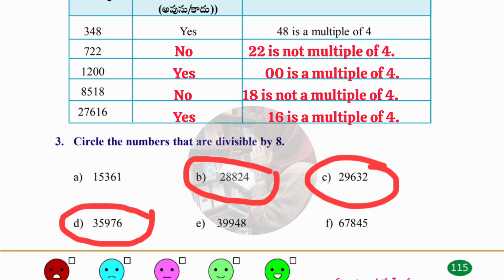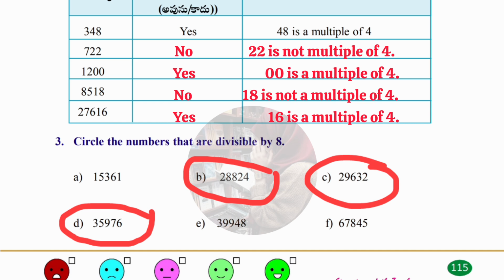So first number is 15,361. So last three digits are 361 and 1 is the odd number given in the last digit. That's why this is not divisible by 8. That's why don't circle that number. Next number is 28,824. So last three digits are 824.